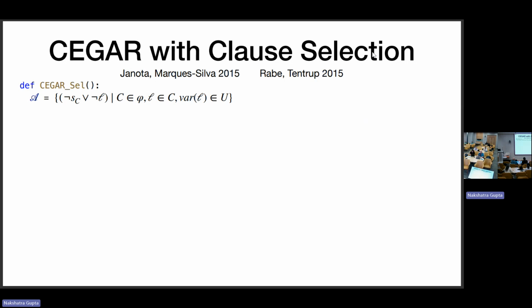So this looks a bit complicated, but all it says is the abstraction here initially only speaks, or we want to only get values of certain selection variables that represent which clauses are selected. And the only constraint we have on that is that if we assign a selection variable true, if we select a certain clause, the universal part of that clause has to be falsified, right?